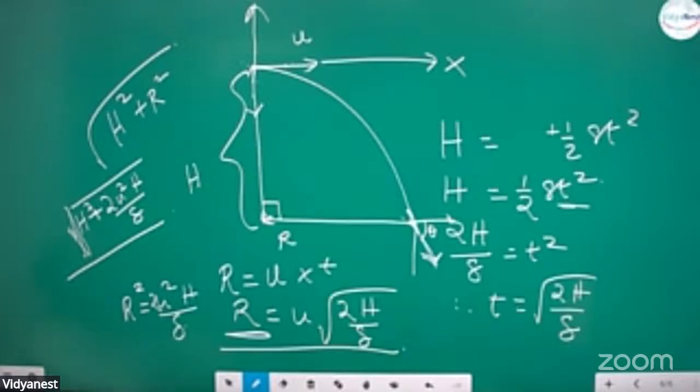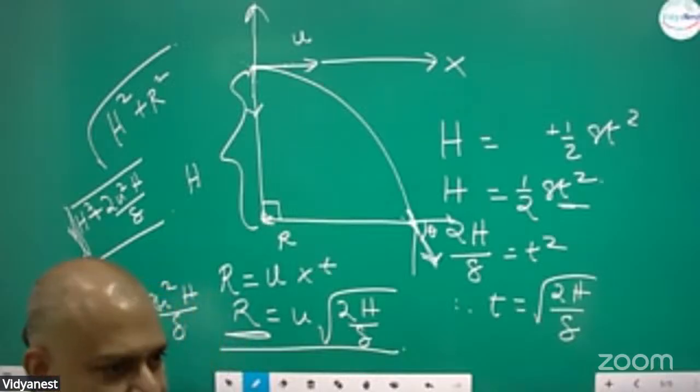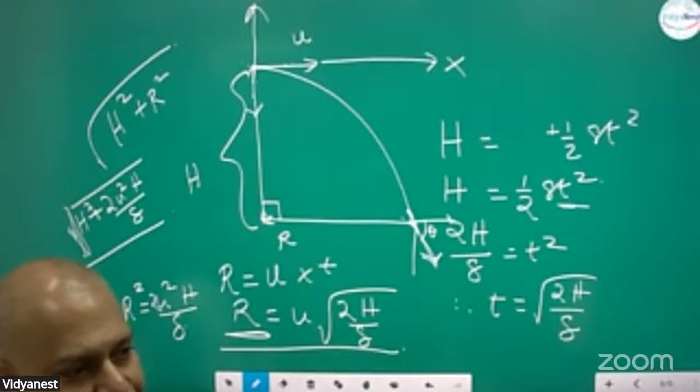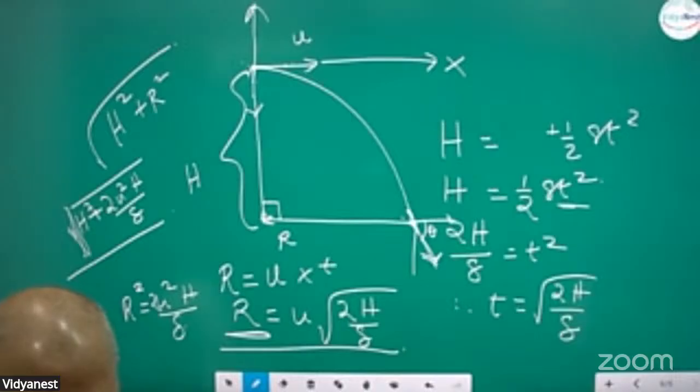How can I find? Ayush, how can I find? Any idea, Ayush? Saurabh? Sir, could we apply the formula tan alpha equal to u sin theta minus g t?